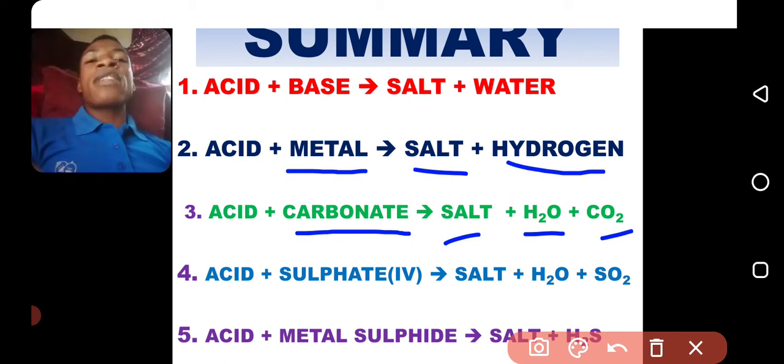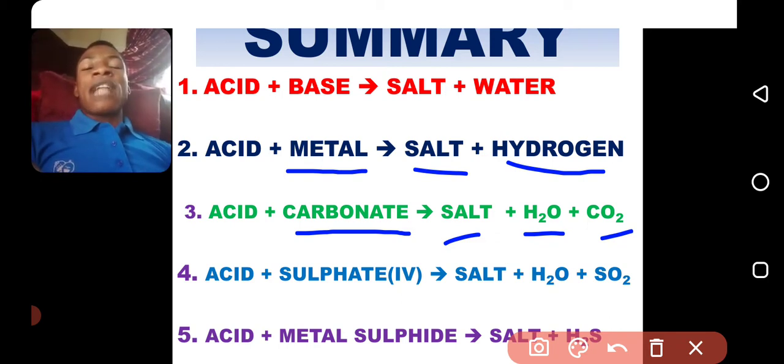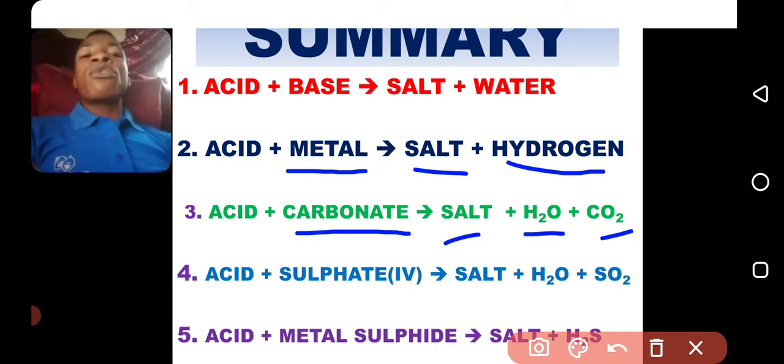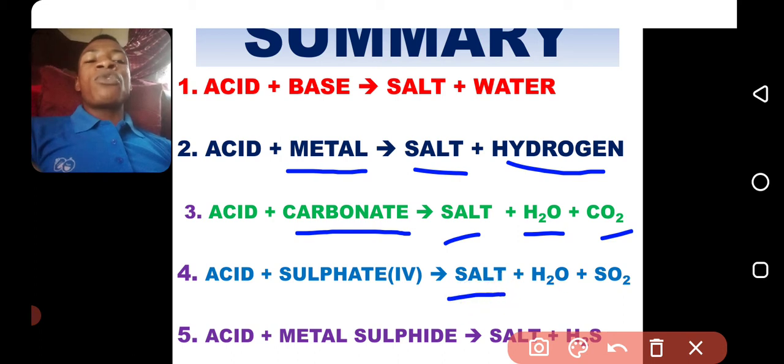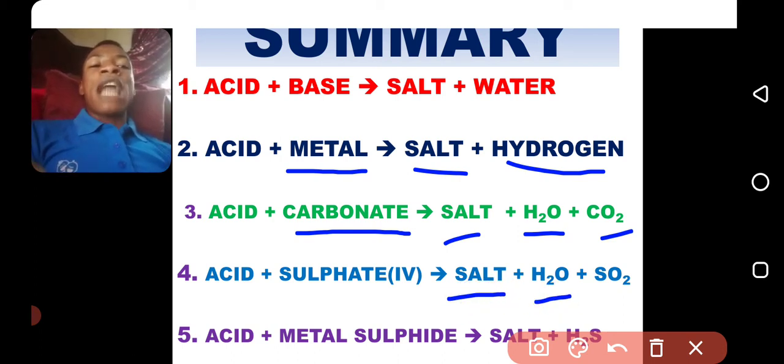So carbon dioxide will be liberated as a gas when acid reacts with carbonate salt, like sodium trioxocarbonate(IV), potassium hydrogen trioxocarbonate(IV). Number 4, acid reacts with sulfite salt, the trioxosulfate(IV) salt, to produce salt, water, and sulfur(IV) oxide.